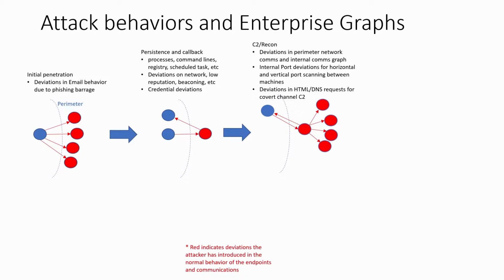In this case, these two computers may actually talk to each other normally, right? But they may not be talking on the ports that they are now talking on, or they may not be talking with the same number of bytes and packets, or even deeper into the packet contents itself. In the ways in which they're talking, again, we can quantify the deviation from what we expect between those two computers.